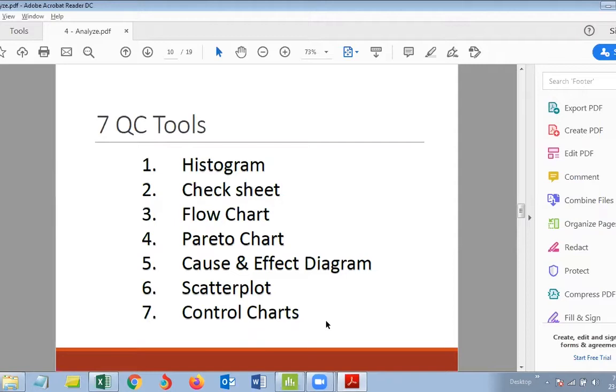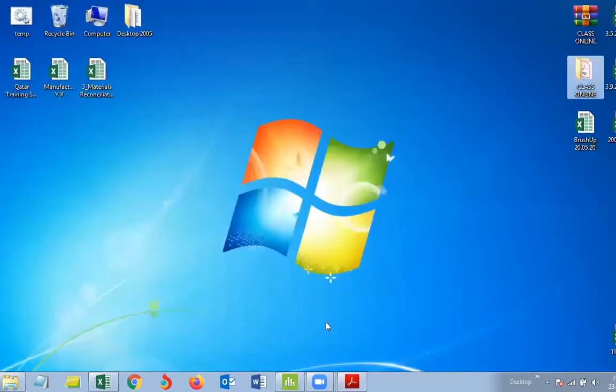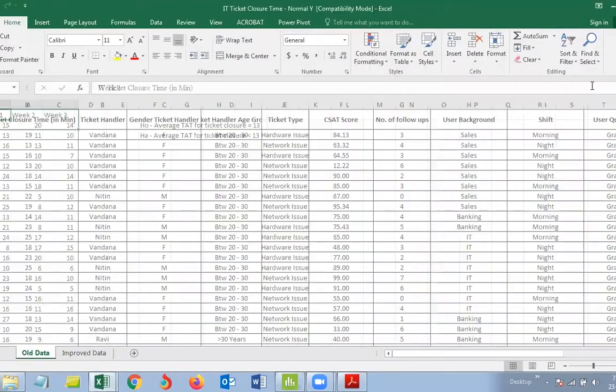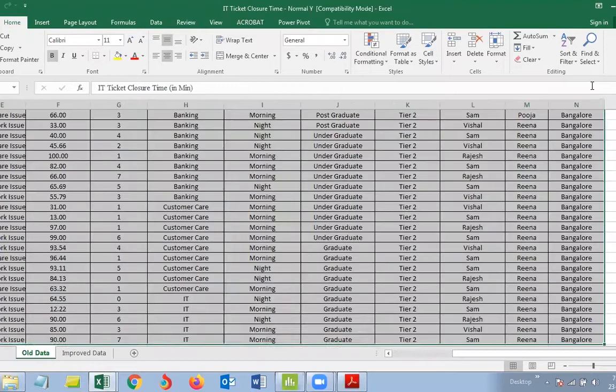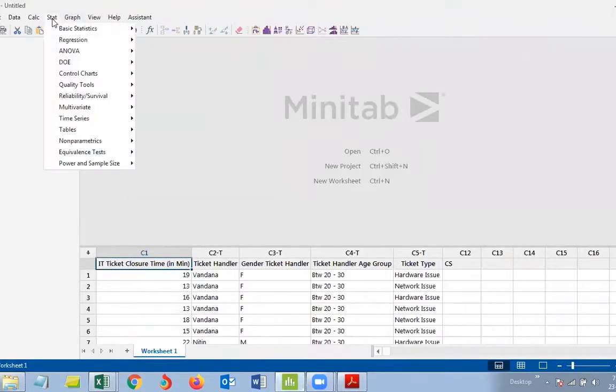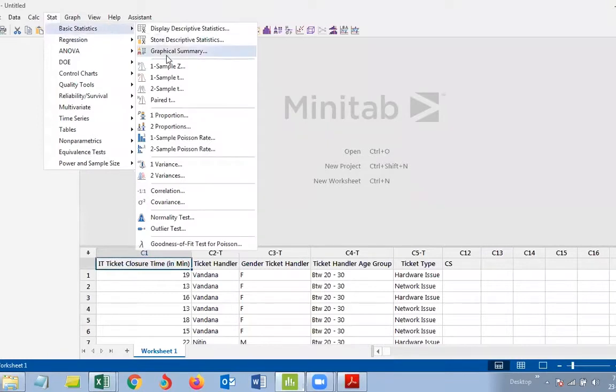When you plot a histogram, you find out the yield of the process, the sigma level of the process. So when we have this data, and I want to create a histogram for this, we go to stats, basic stats, and we do a graphical summary.